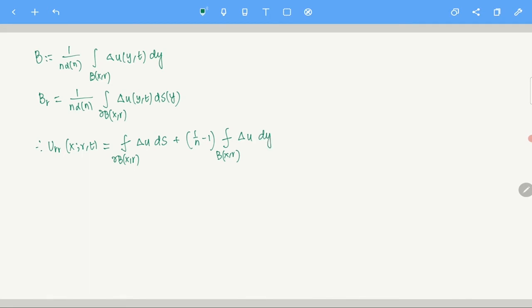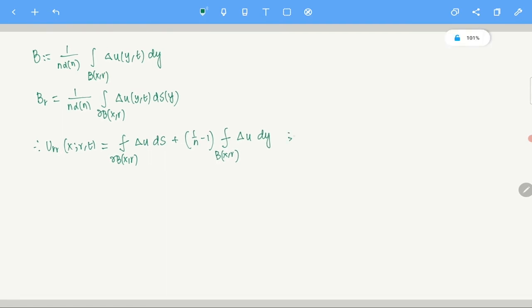Please check this part; you just have to interchange one line here and there. So if you write it like this, this holds for any r positive. What about r equals 0?